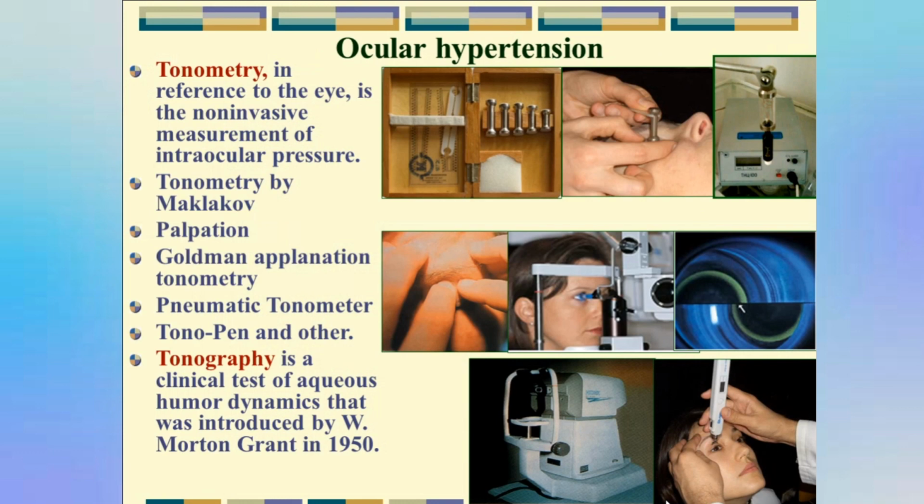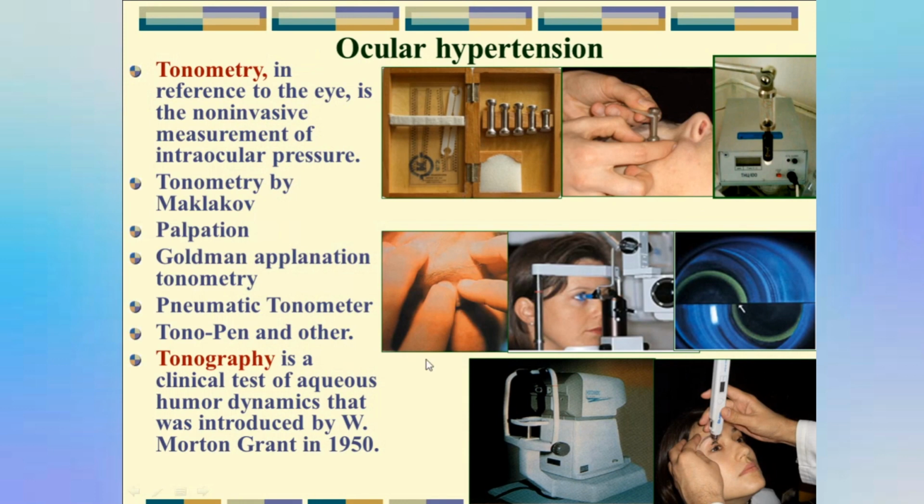Usually we recommend measuring intraocular pressure once a year for all people after 40. There are a lot of devices which can help us to measure intraocular pressure. Nowadays, we use tonometry by Maklakov.